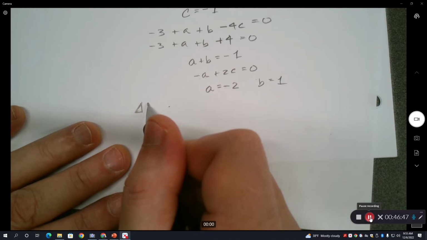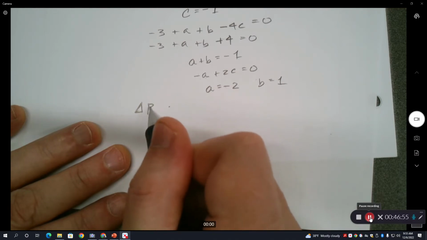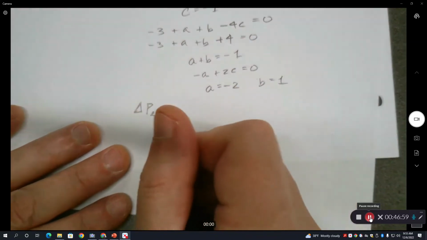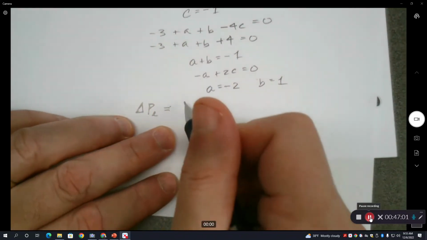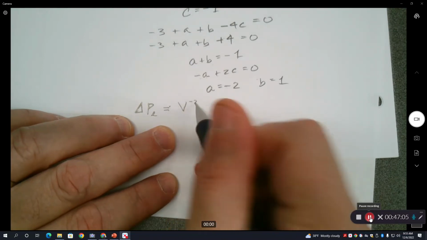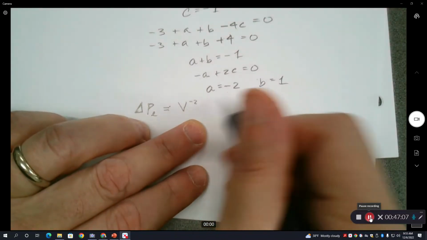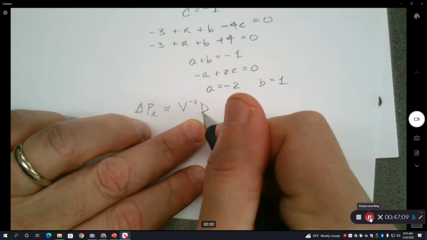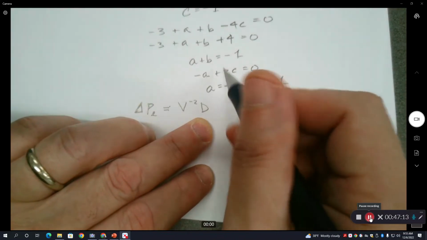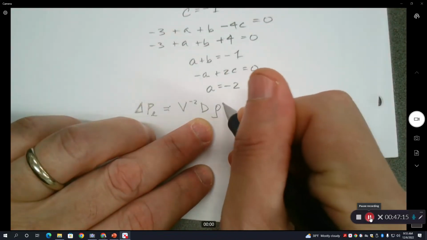del P L equal to VA, so V to the -2, D to the 1, and then rho to the -1.